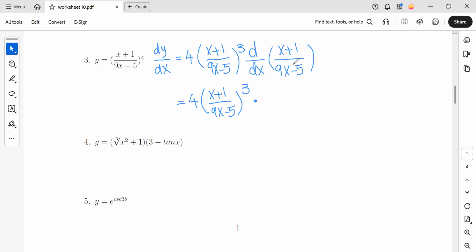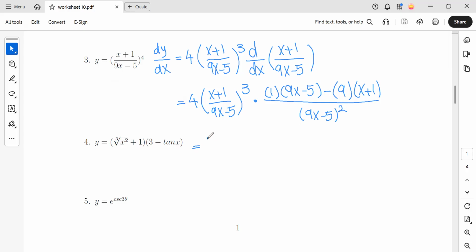And this part is the derivative of a quotient. So we would write the derivative of the top, which is 1, times the denominator, minus the derivative of the denominator times the top, all over 9x minus 5 to the power 2.